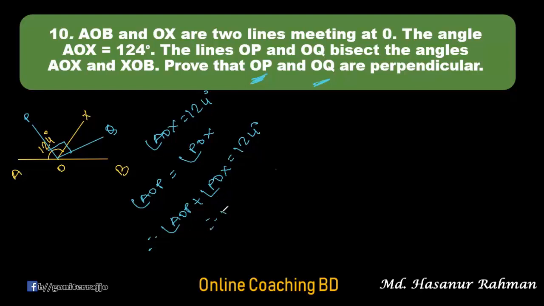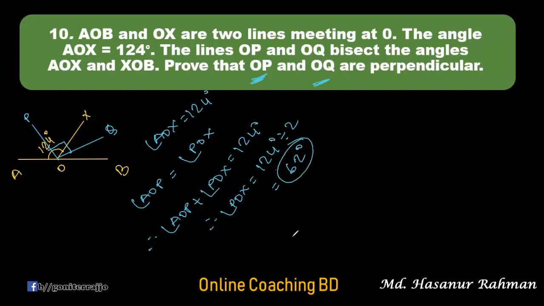So we can say angle POX should be 124 degree divided by 2 because OP bisects angle AOX. That means POX should be half of angle AOX. That means 124 degree divided by 2, that is 62 degree. So that is our first one.